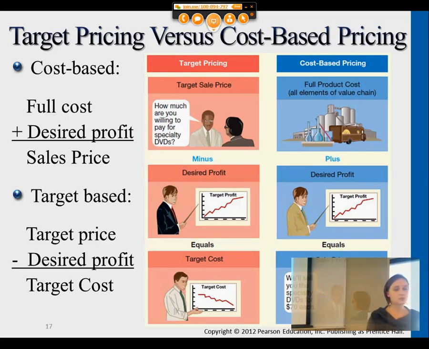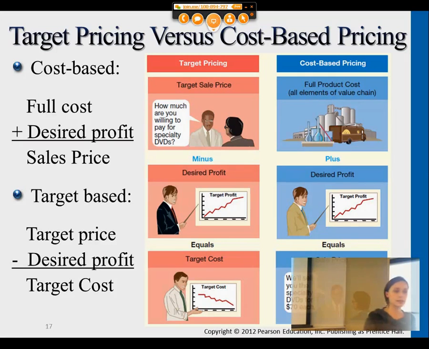Versus when I'm talking about the cost-based, I'm going to take my cost of producing that unit, and then I'll say, okay, I want to get this much profit. And that's how you derive the price. So it's a different approach to pricing.